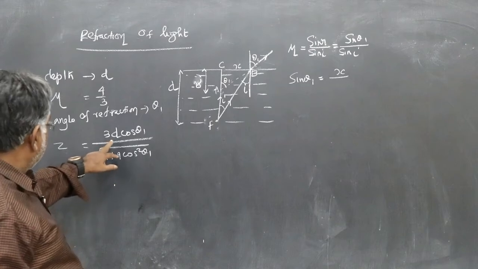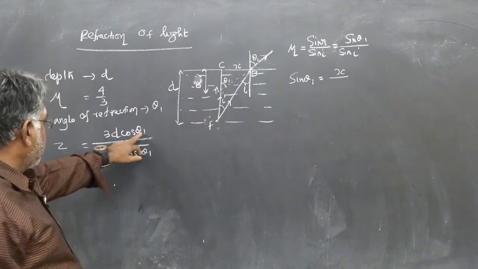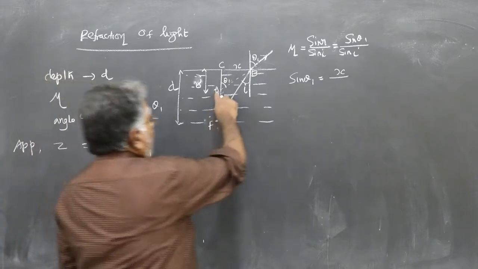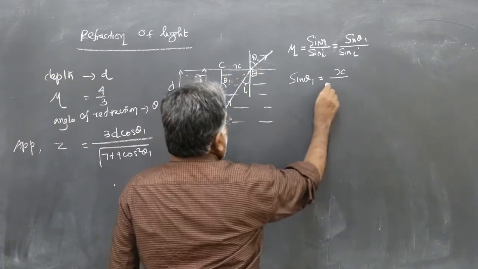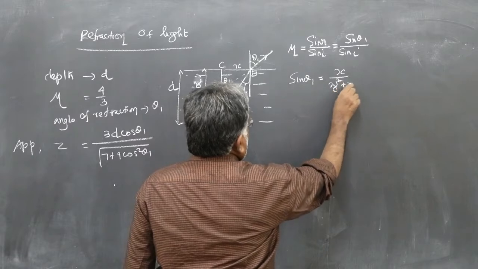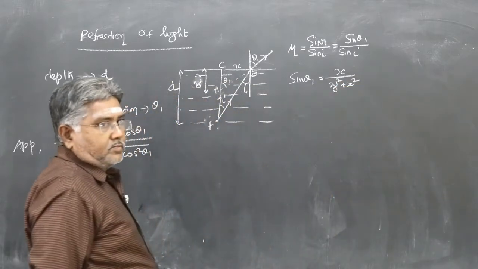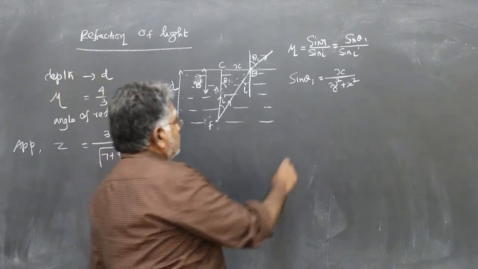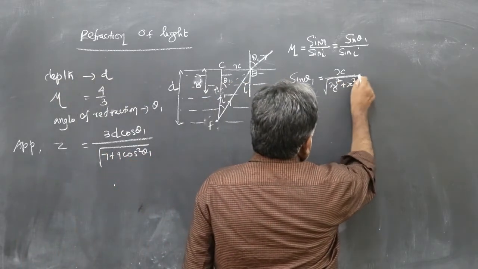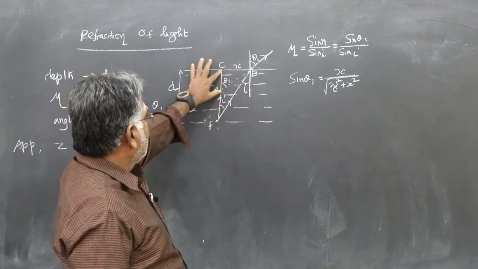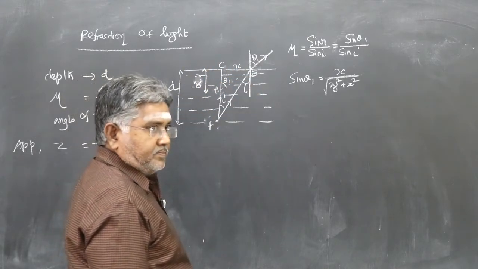There is real depth, angle of refraction, apparent depth. So instead of the hypotenuse, use Pythagoras theorem: square root of z square plus x squared. Sin theta 1 is x by AB, but AB is root of z squared plus x squared.